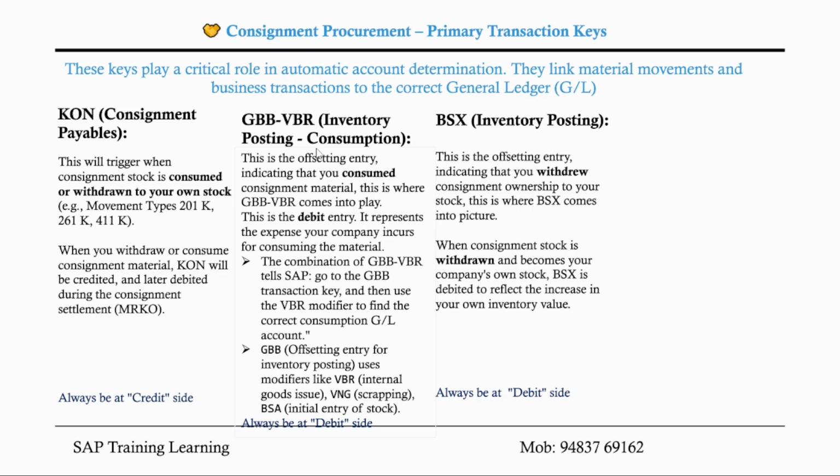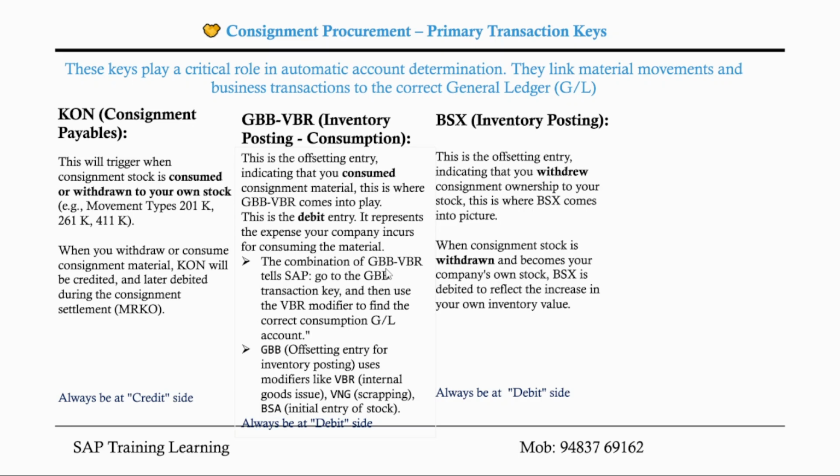So it is always linked to where this material has come from, which I have to offset. This is where GBB VBR comes into play. When consignment stock is consumed, GBB VBR comes into the picture.